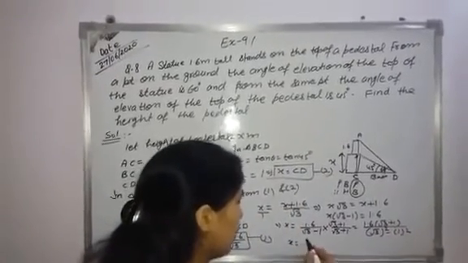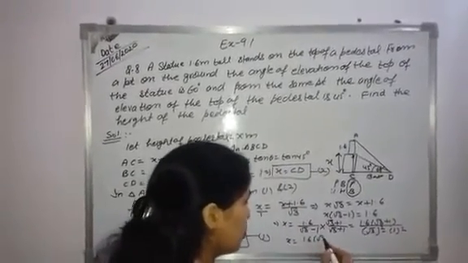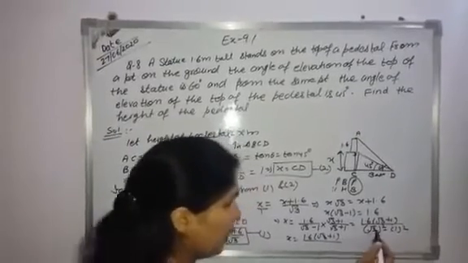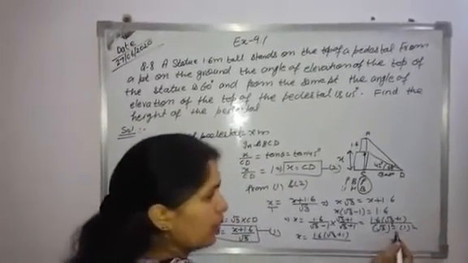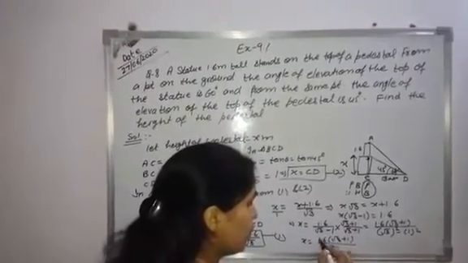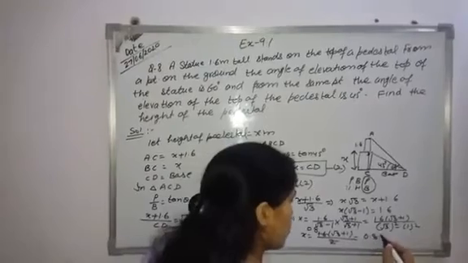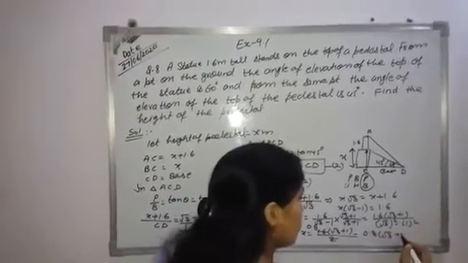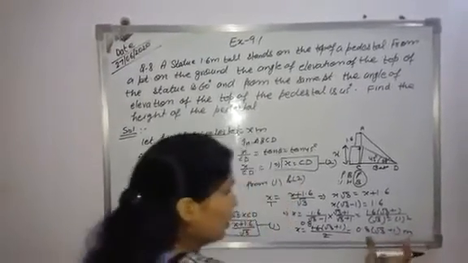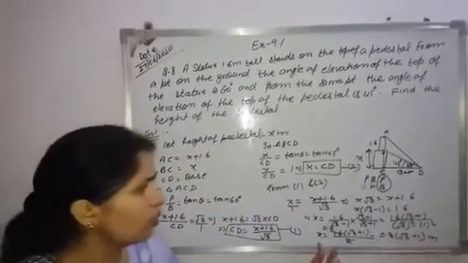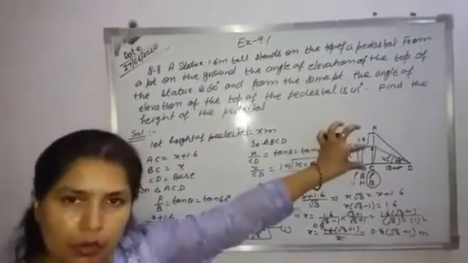So x is equal to 1.6 into root 3 plus 1 divided by root 3 square is 3, 3 minus 1 is 2, and 1.6 divided by 2 is 0.8. So this term is 0.8 times of root 3 plus 1 meter. This is the height of this pedestal, and this value we want to find out.